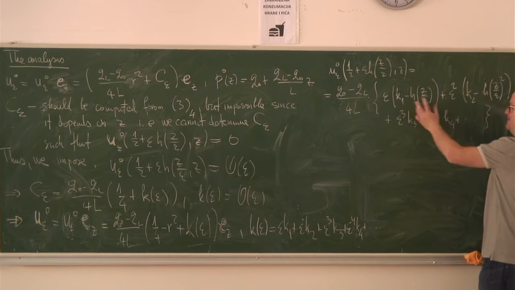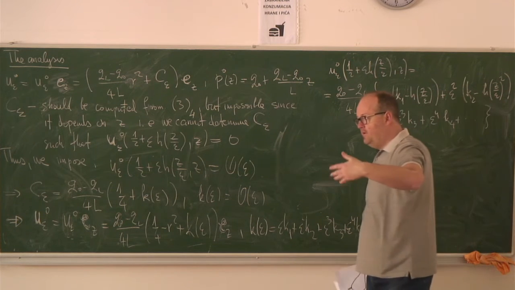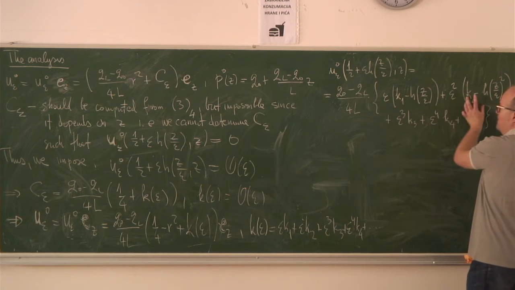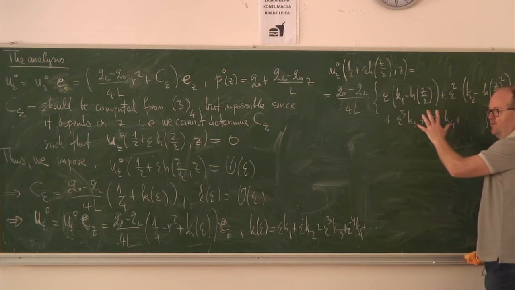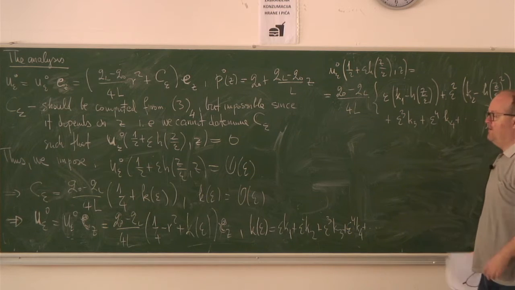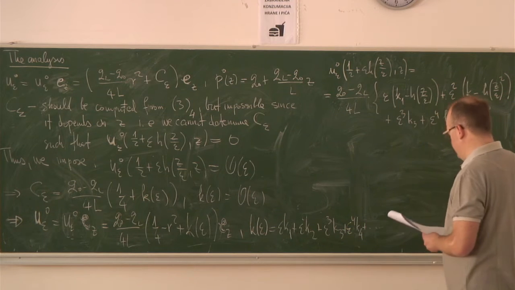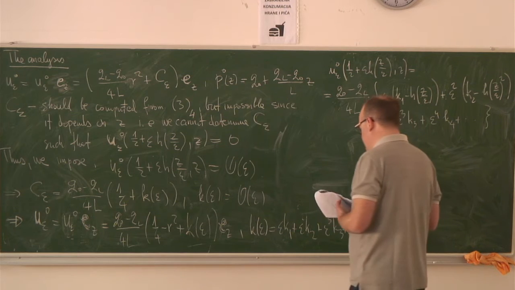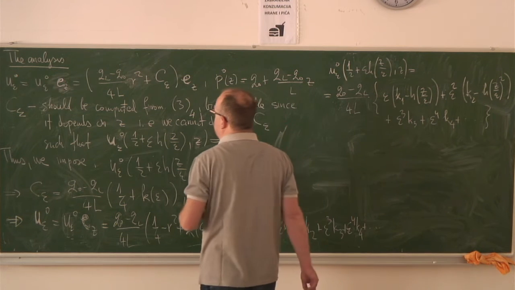So to build the higher order correctors, the boundary layer correctors, which at each stage will satisfy this boundary condition on the rough boundary. So now we proceed to boundary layer analysis.